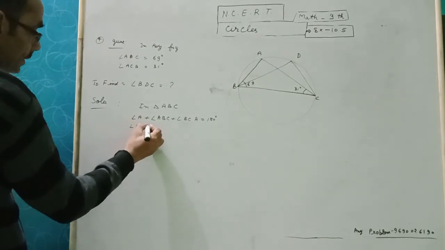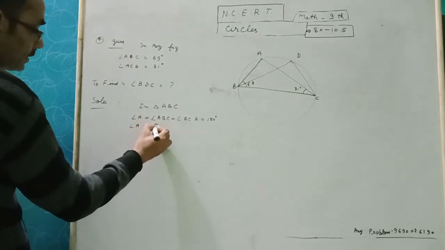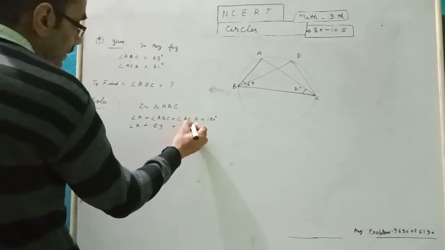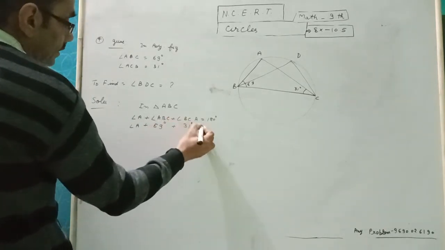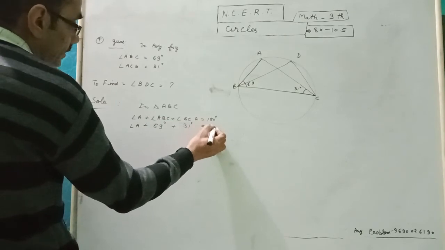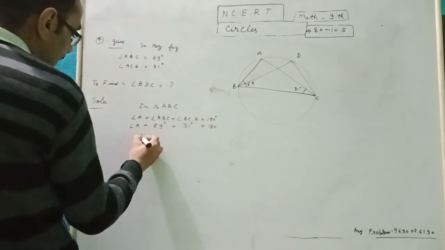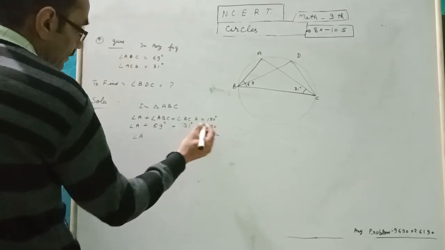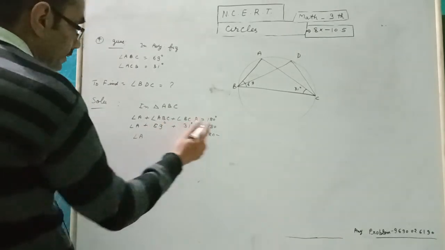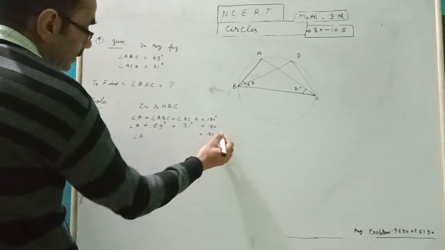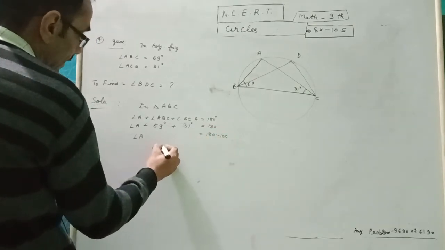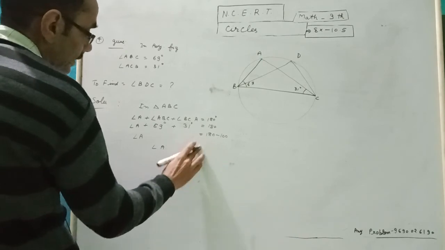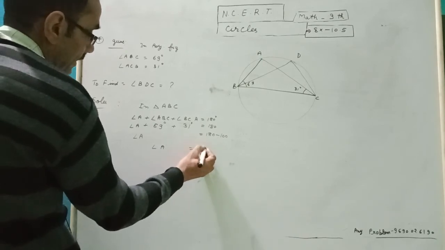Angle A plus B value is 69 plus BC value is 31 degrees. Then angle A is equal to 180 minus 100. Then angle A is equal to 80 degrees.